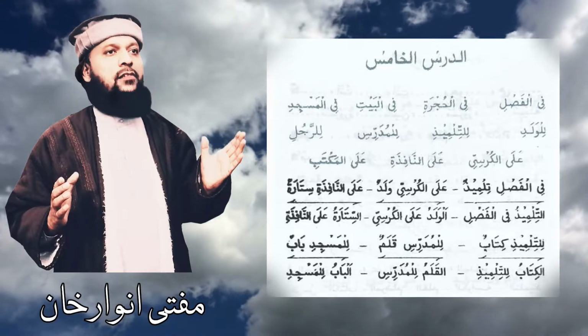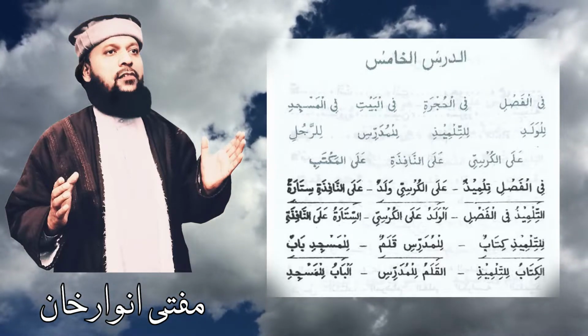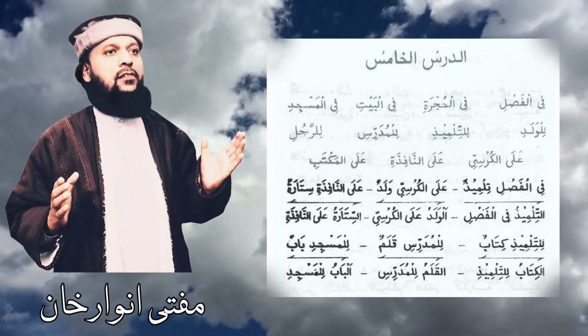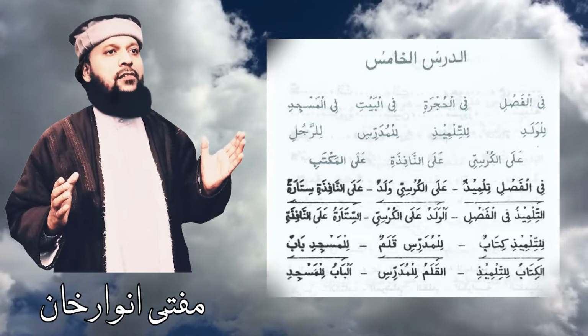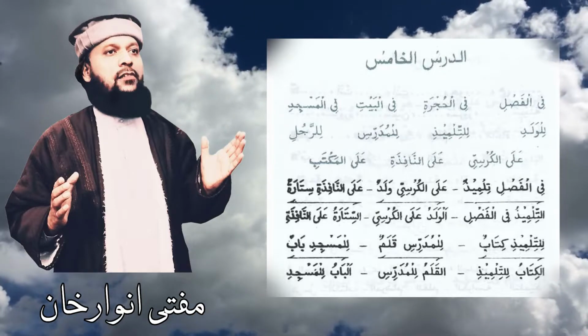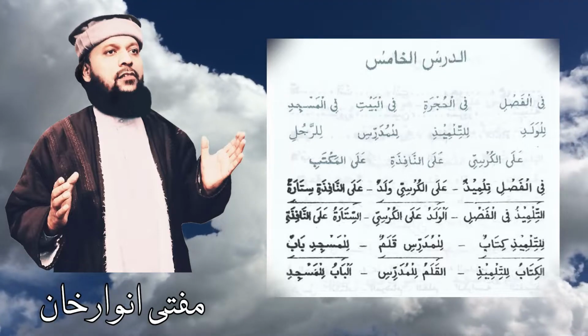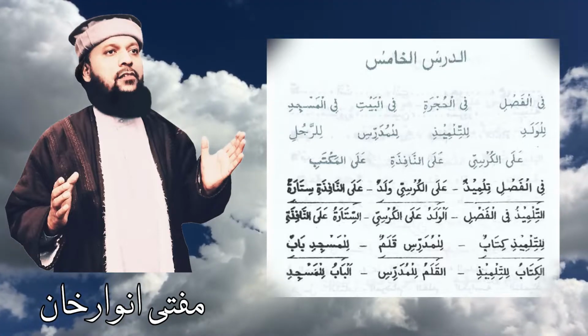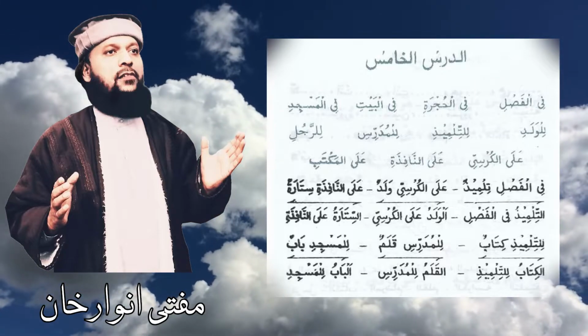That will be technically called majroor, and it will have kasra at the end. That is the reason in all the examples you see fil fasli, lil waladi, alal kursiyi. You cannot say fil fasla, fil faslu, lil walada, lil waladu, or alal kursiya, alal kursiyu. No. You are not allowed to do that. You have to use only kasra at the end of the noun.